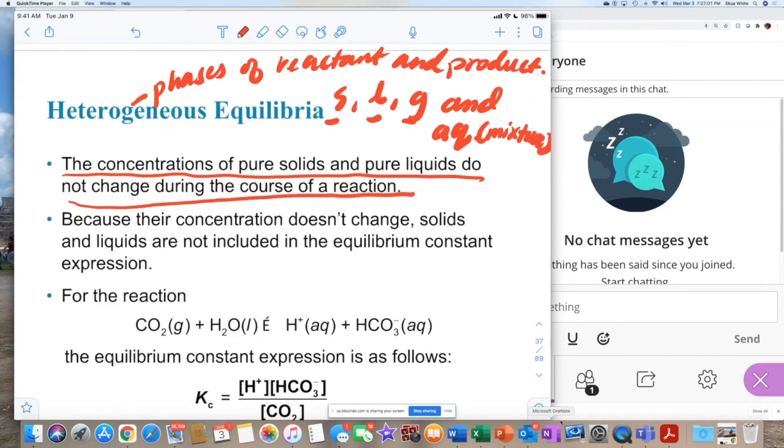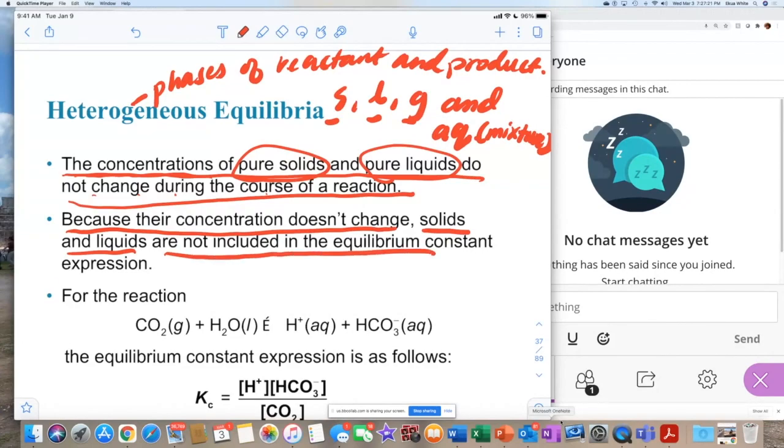Where was I again? Oh, the concentration of pure solids and pure liquids in an equilibrium does not change much during the course of a reaction, referring to an equilibrium reaction. Because their concentration doesn't change, solids and liquids are not included in the equilibrium constant.